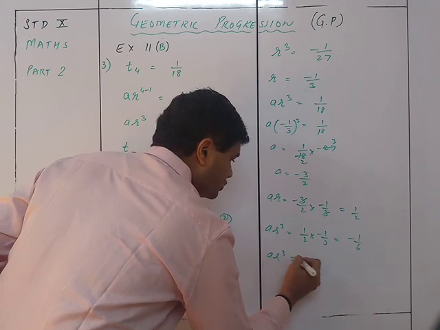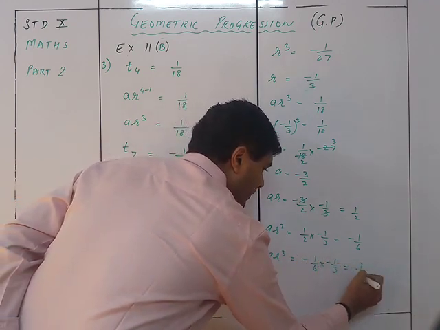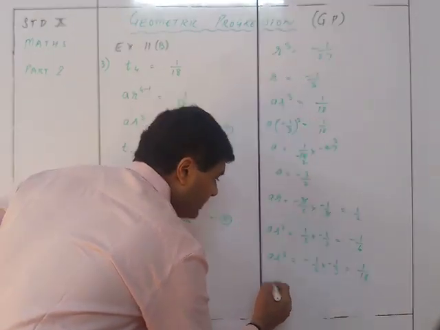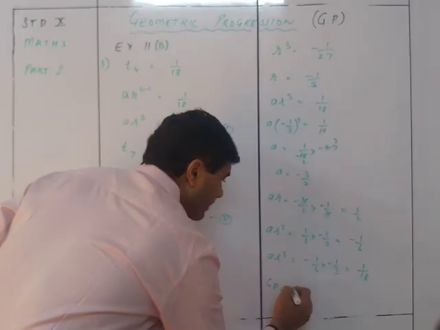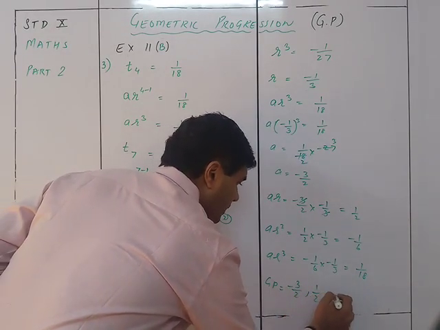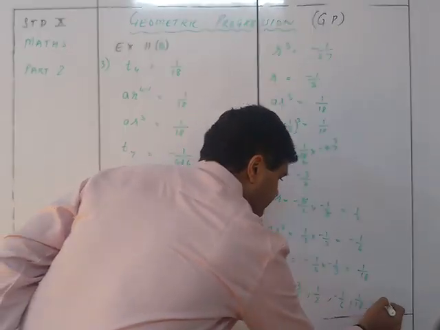AR cube is equal to minus 1 upon 6 into minus 1 upon 3 is equal to 1 upon 18. That is what we all got earlier. So our GP will be minus 3 upon 2, 1 upon 2, minus 1 upon 6, 1 upon 18, dot dot dot.